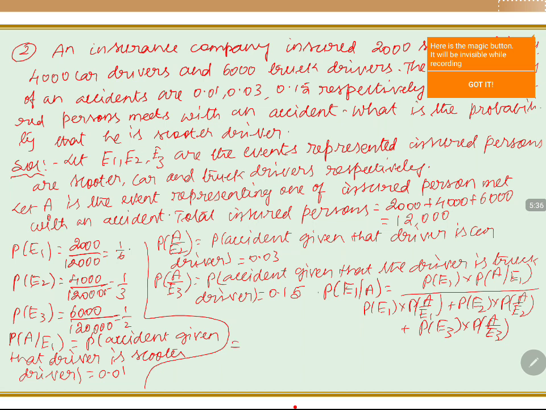That is equal to 1 by 6 into 0.01, divided by 1 by 6 into 0.01 plus 1 by 3 into 0.03 plus 1 by 2 into 0.15. So by simplification of this, we get the answer as 1 by 50.